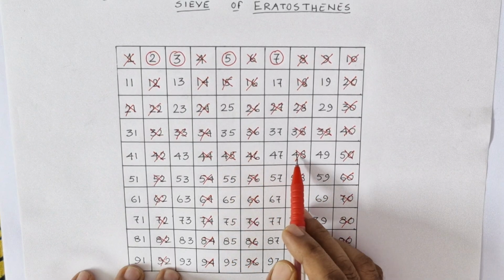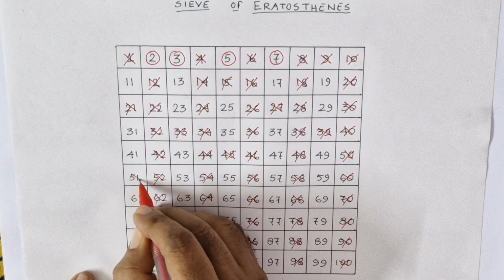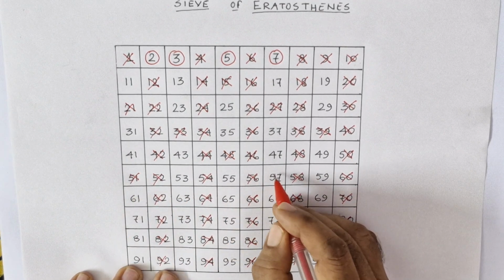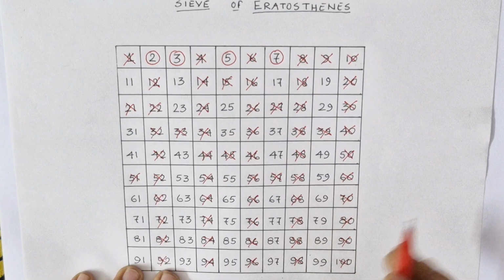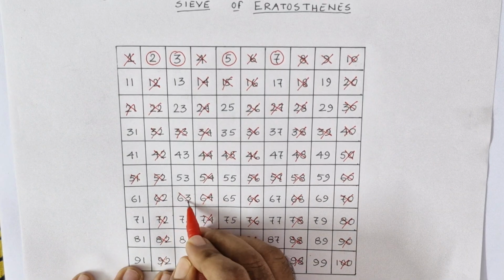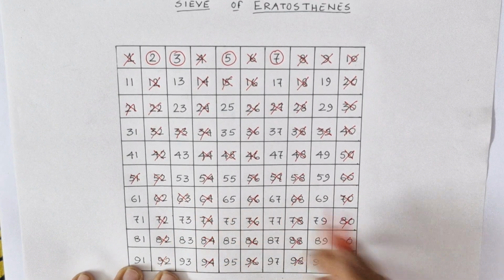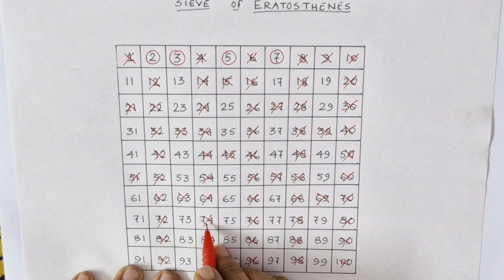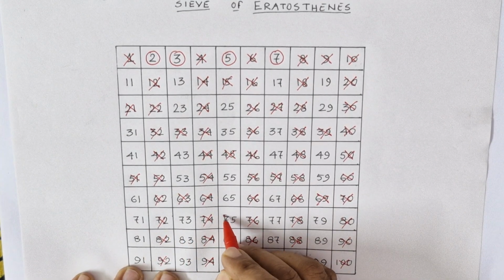So 45, 48 gone, 51 gone, 54 gone, and so on. You need to cross out this one, gone, this one, gone.